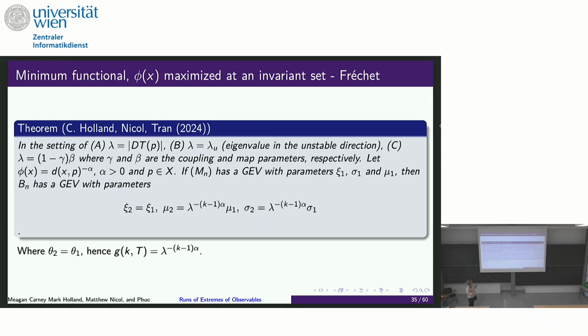So the point is our invariant set in that setting. In the setting of a hyperbolic toral automorphism, our lambda is just the expansion in the unstable direction. And then in the case of coupled expanding maps, so these are beta maps, so it's beta x mod 1, our lambda depends on our coupling parameter gamma and that beta.